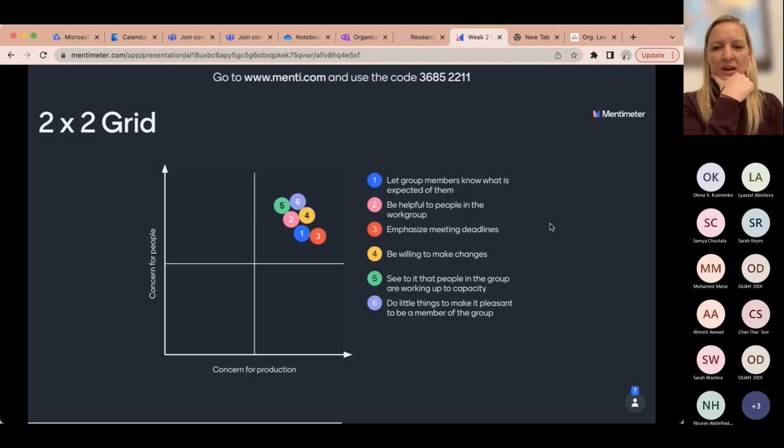Okay. But looking at number 4, be willing to make changes, I think it can also be applied to production.